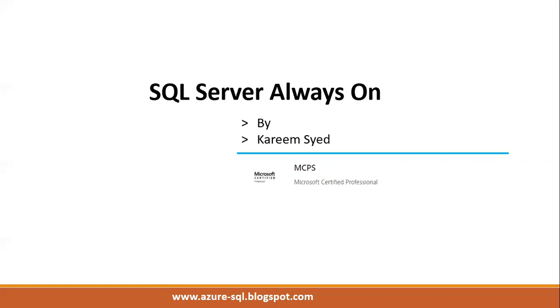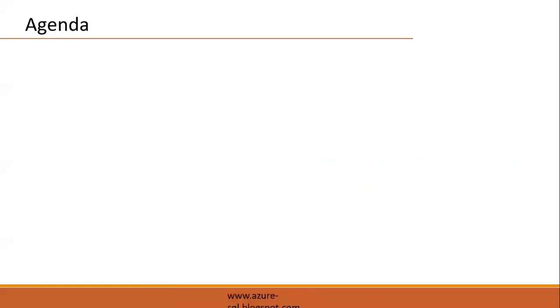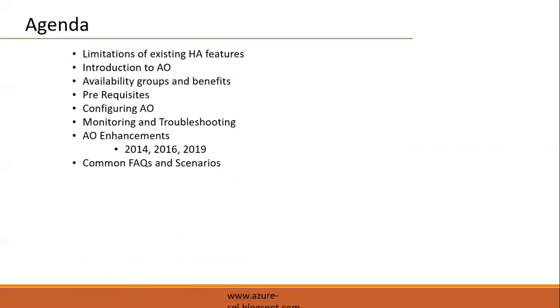We'll see what the concepts are here. Limitations of existing high availability features we'll see. Already we know log shipping has its own limitations, like there is no automatic failover, and we need to take a tail log backup.